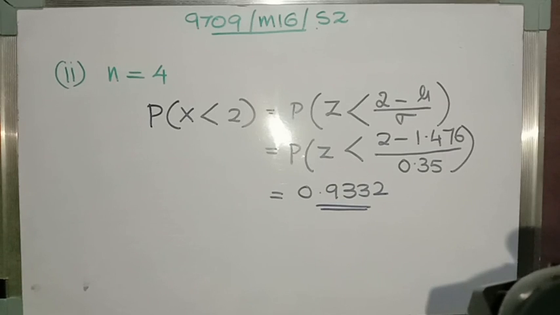So probability of x less than 2 is 0.9332.